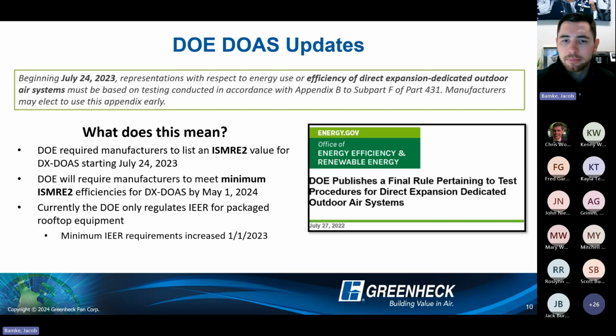And again, the big takeaway is manufacturers have to list an ISMRE2 value, and in the future, they'll have to comply with minimums. So you'll get that true differentiation from the Department of Energy that basically says if you're partial recirc or a VAV, you follow these subsets of requirements. And if you're DOAS, now you're going to go to ISMRE2.